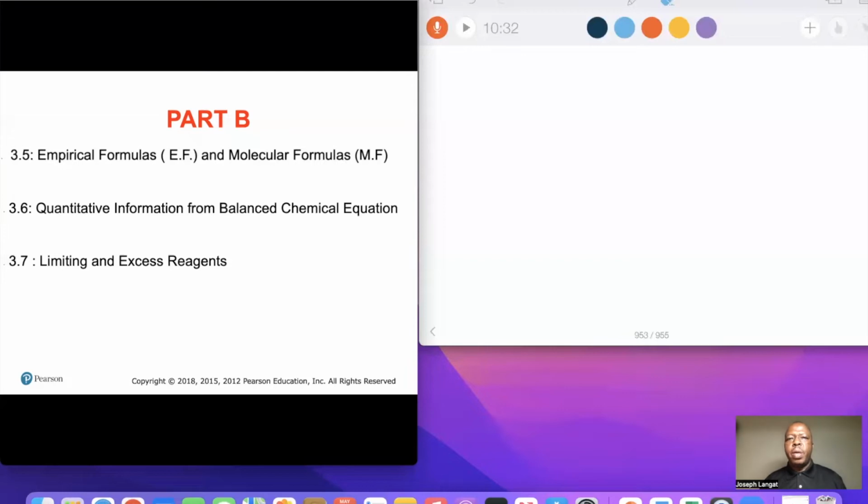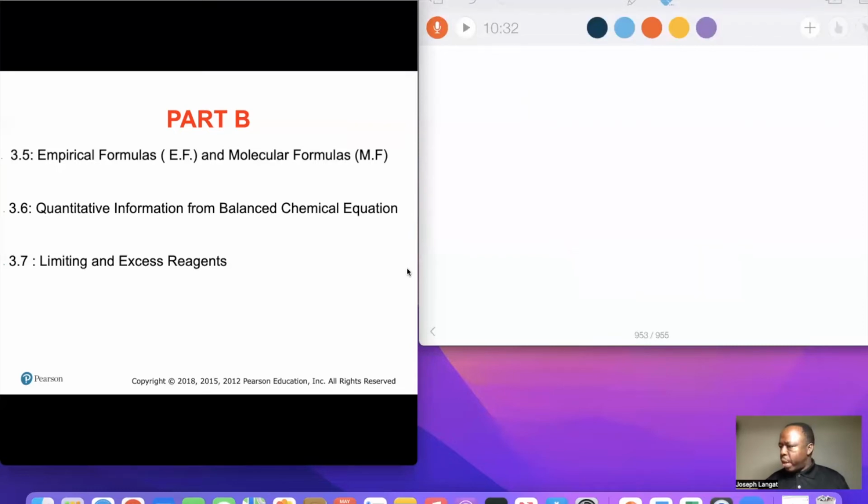Some reagent may be consumed before the other one runs out. The one which runs out first is called the limiting reagent. The one which will remain, of which there will be a leftover, is the excess reagent. We look at how to determine the limiting reactant, and how to find the theoretical yield and percent yield from a chemical reaction.